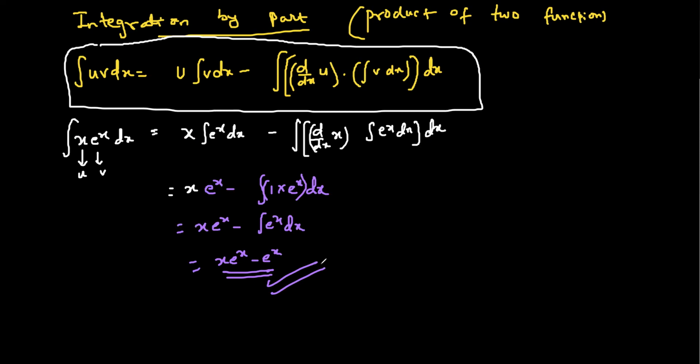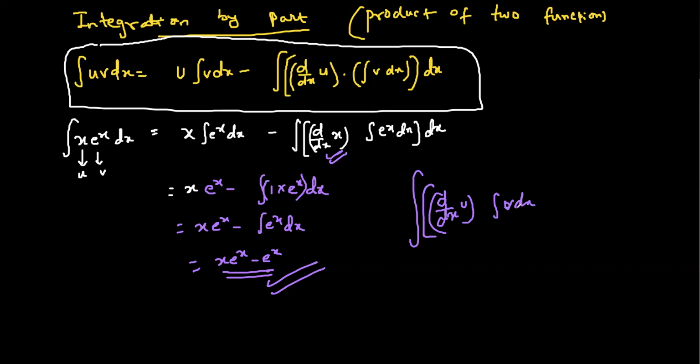So yeah, the formula says, if we have two functions u and v, take u out to the left, the first function, then integrate the second, and minus the integration of the derivative of u multiplied by the integration of v. I'm trying to review within all the integration, three steps: first differentiate u and then integrate v.